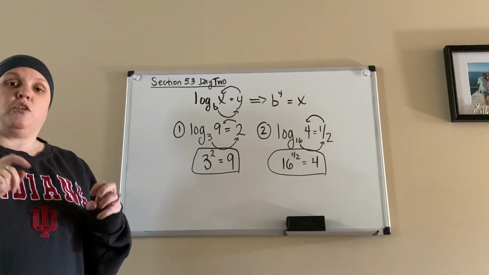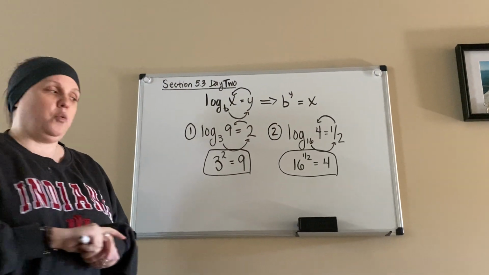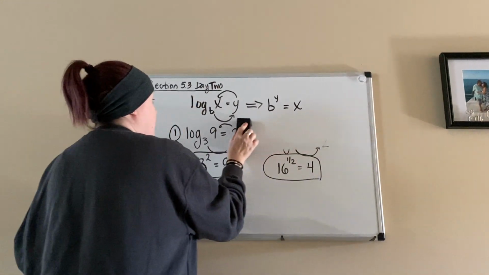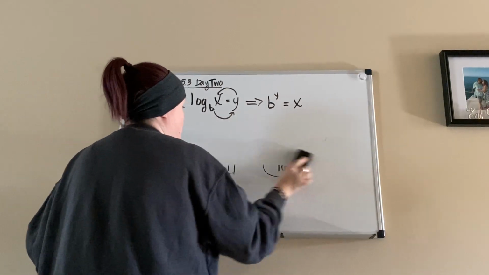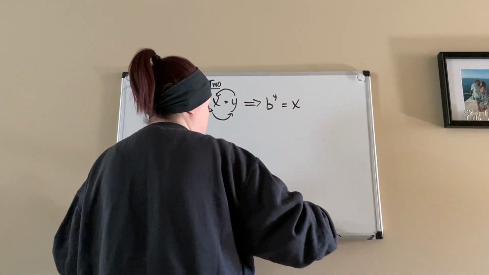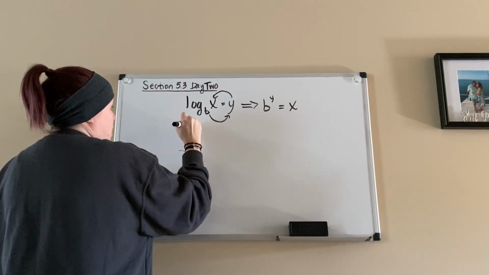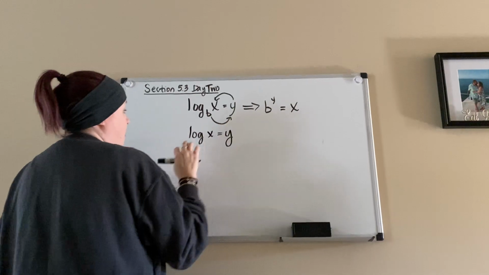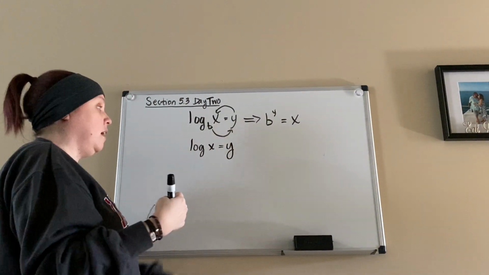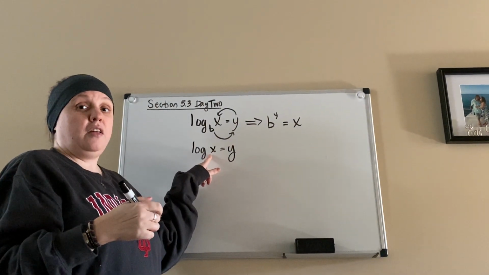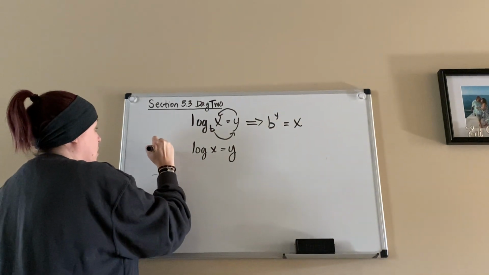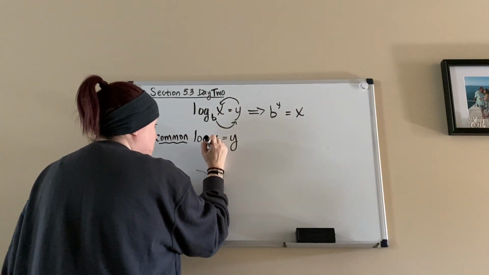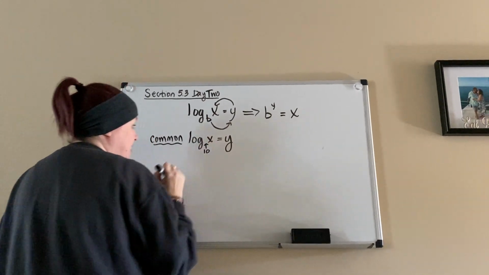Now there's two special types of logarithms that we're going to learn today. They are called the common log and the natural log. They work the same way as the logarithm that I wrote up there. The common log is log x equals y, and I didn't write anything in this little spot right here. The little thing that goes right here is a 10.